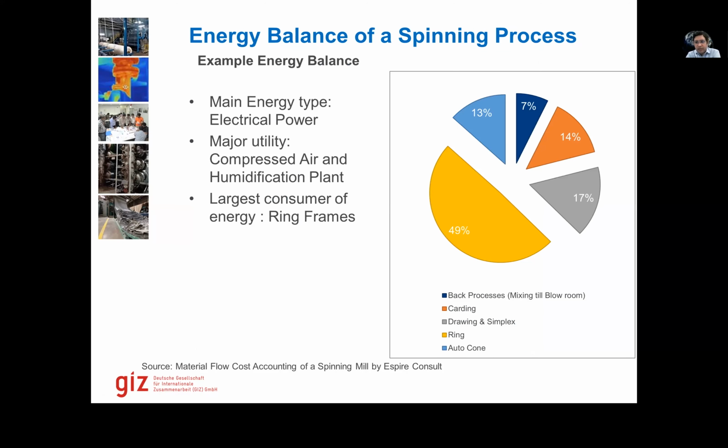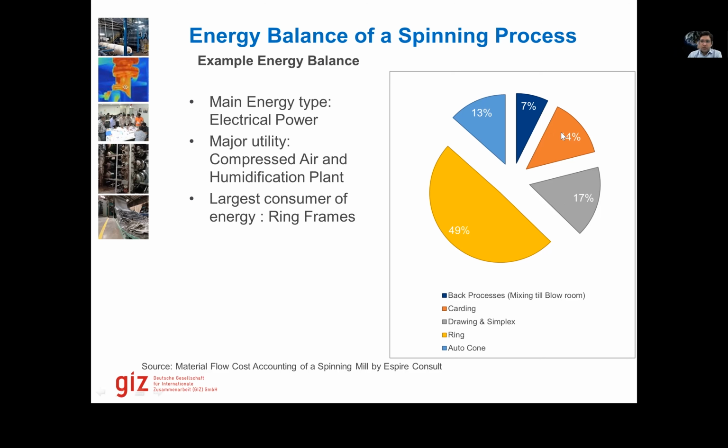An example, energy balance: usually ring spinning is the process which consumes the highest energy. Autocone is a process which consumes the highest compressed air energy. The third largest and second largest are drawing and simplex, because there is a lot of mechanical energy going in to draw the yarn to make it longer.